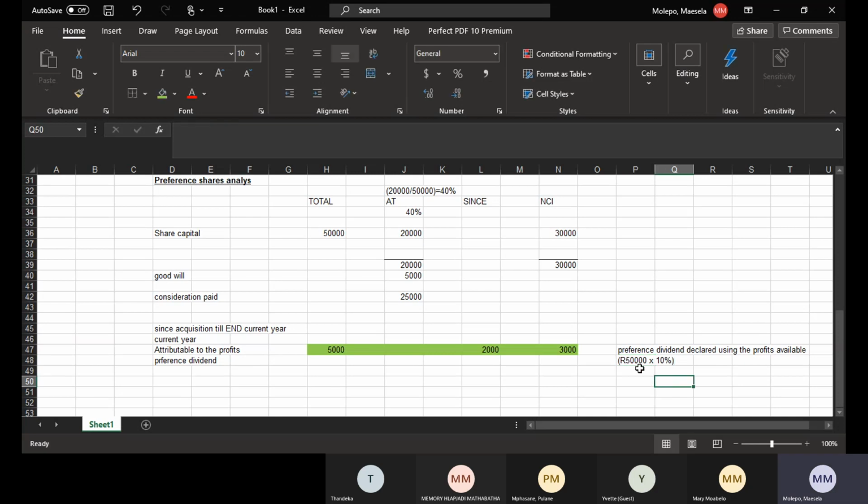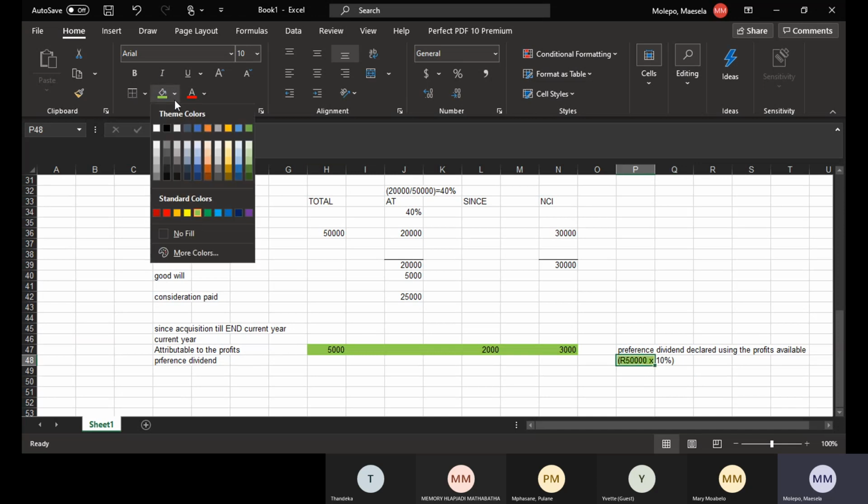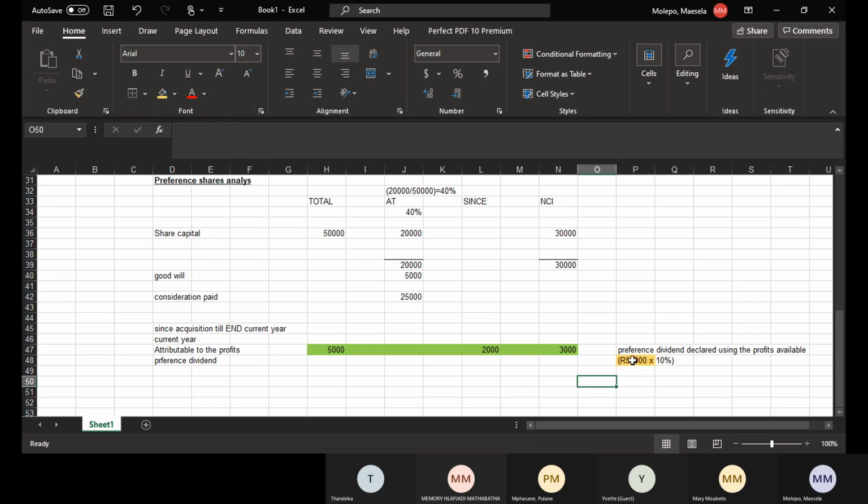Don't think they used the 50,000 in number of preference shares. No, we use the value. Please note that we use the value. So the 50,000 value times 10% gives us the same 5,000.